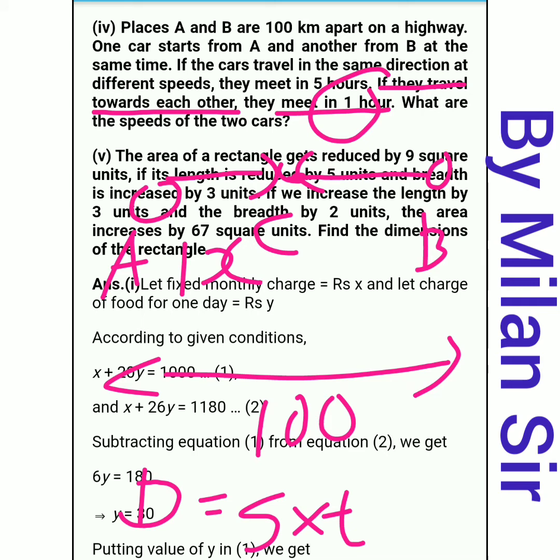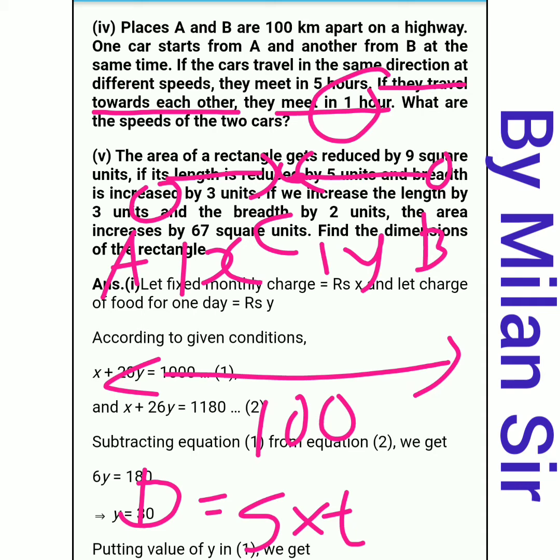Then BC means the distance traveled by car B. The speed of car B is y, and the time is 1 hour. So 1y. So AC is equal to 1x, BC is equal to 1y.